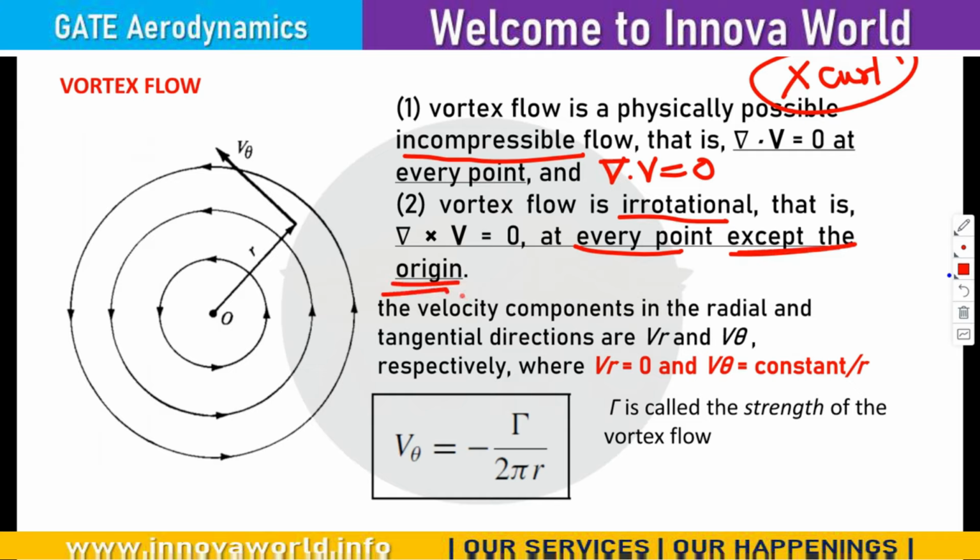Okay, this is a very important key term. Now can you tell me which is the reverse impact of this statement, where we have the reverse thing, where the flow is rotational everywhere except at the origin? What was the name of the flow?